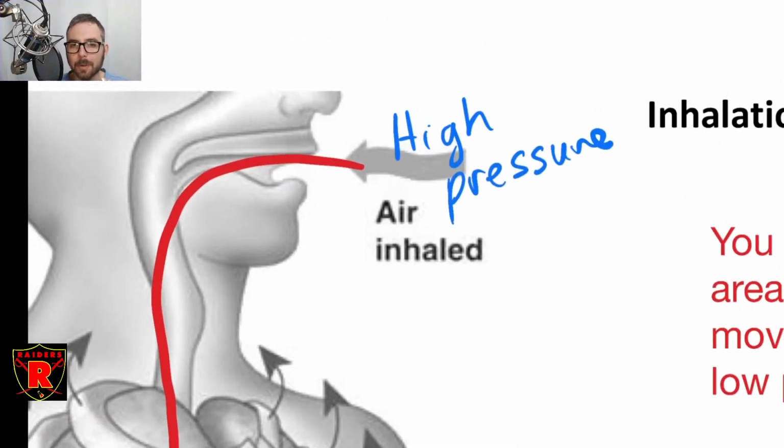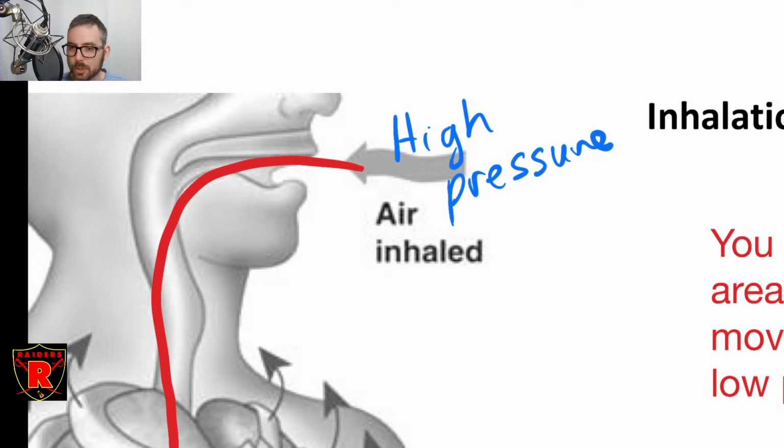And if you'll remember the principle of diffusion, which we just talked about this morning, gases and liquids always move from high pressure to low pressure. So if you create a gradient, a difference in pressure between two locations, things are always going to move from the high pressure area to the low pressure area.